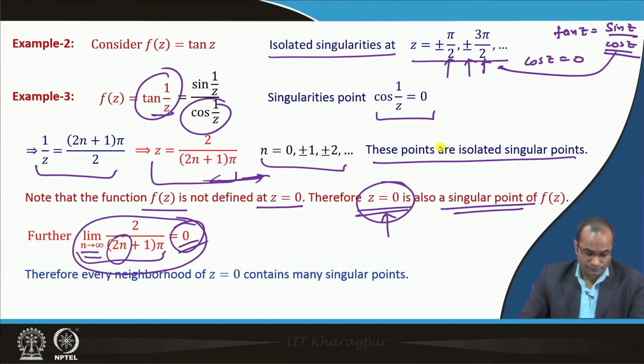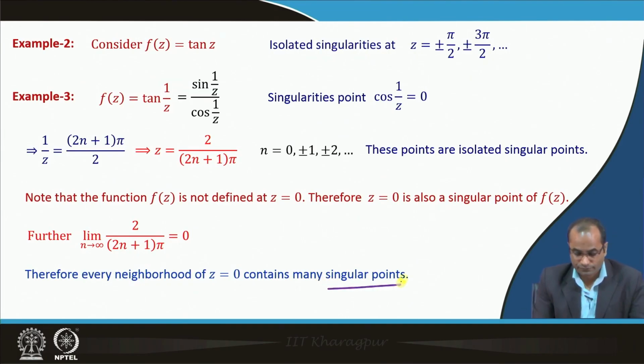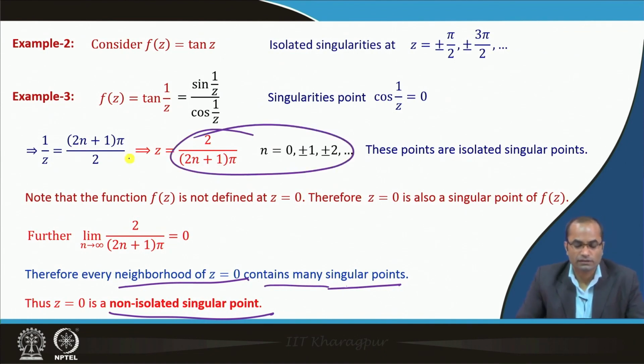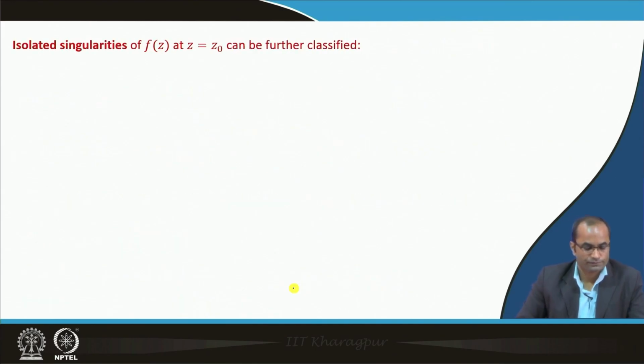Indeed, it is a non isolated singular point, because every neighborhood of z equal to 0 contains many singular points coming from the sequence of points we have discussed. So that is an example where we can see that there are non isolated singular points as well.